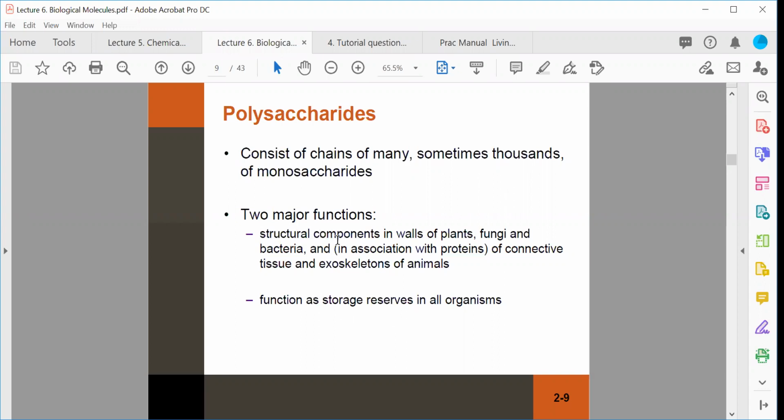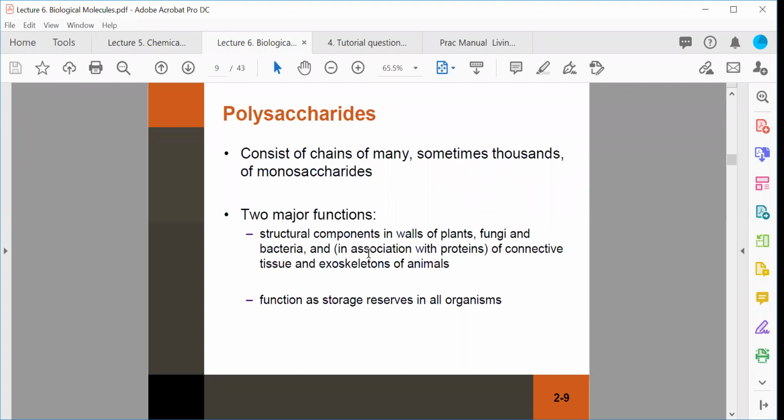As structural components, we tend to see polysaccharides in the cell walls of plants, very much so in the cell walls of fungi, and even in the cell walls of bacteria. Well, that is those bacteria that have cell walls.